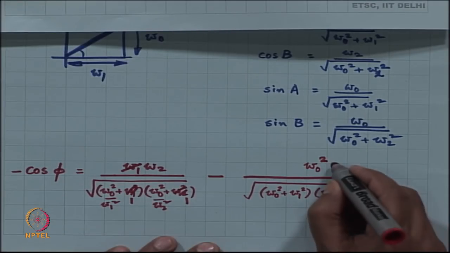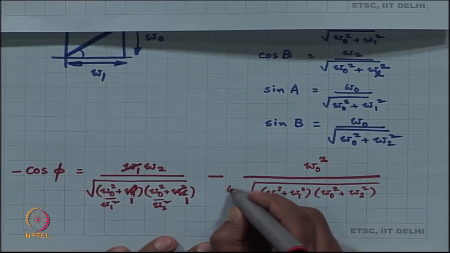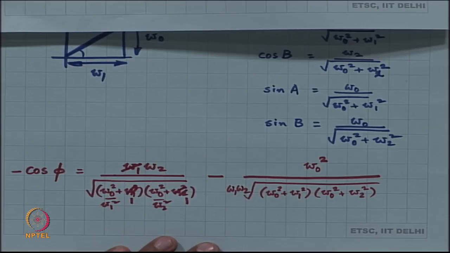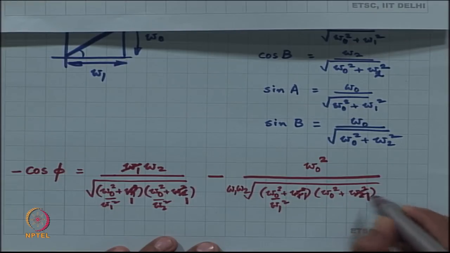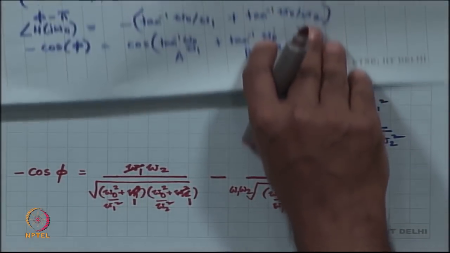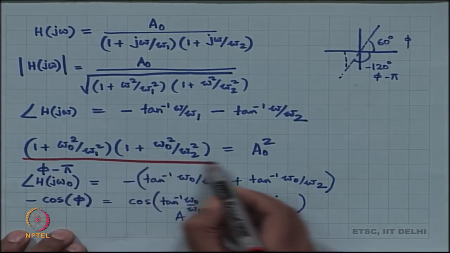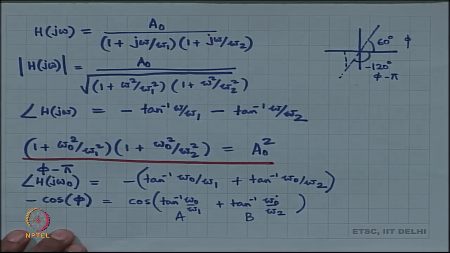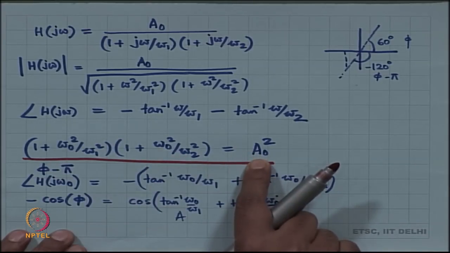And likewise, let us take omega 1 omega 2 common over here, this becomes a 1, this divides by omega 1 squared, this becomes a 1, this divides by omega 2 squared. And then comes even more magic. From my previous relationship, I know that this product is actually equal to A naught squared.